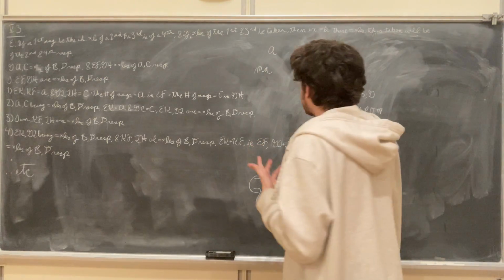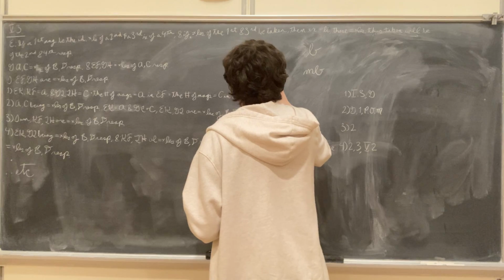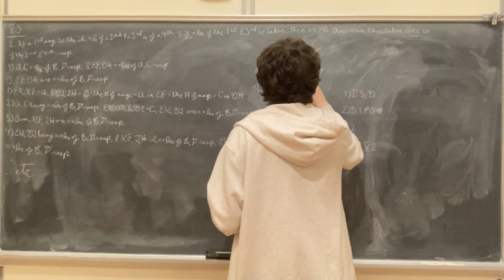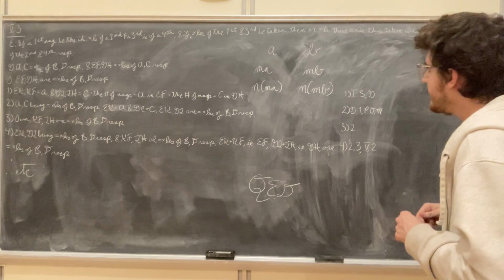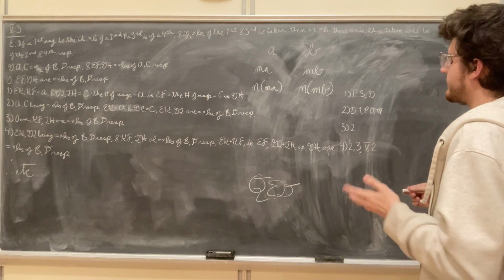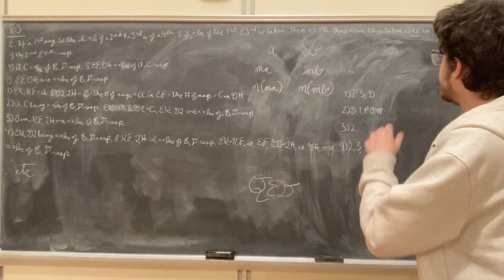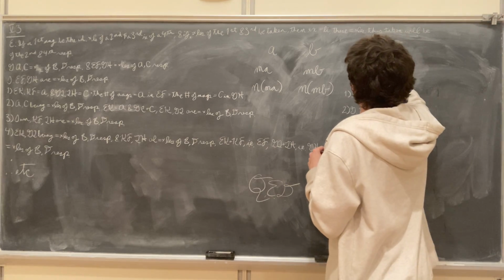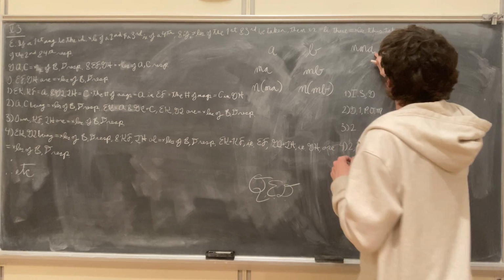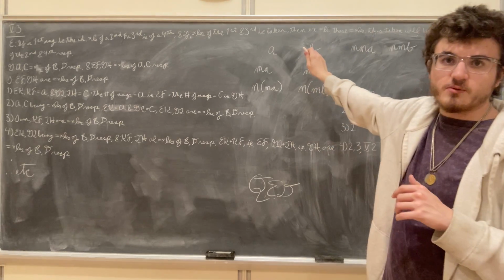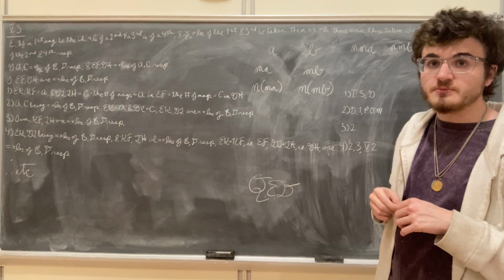So that would look something like N times MA, and then N times MB. And what we're showing is that NMA and NMB are also equal multiples of our original magnitudes A and B.